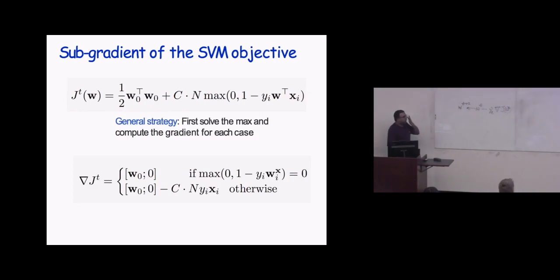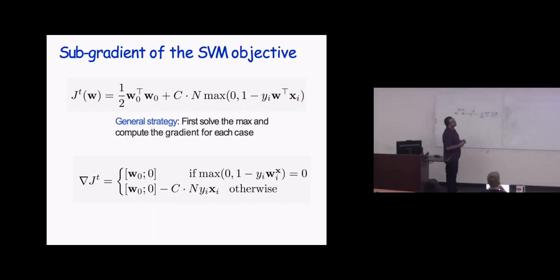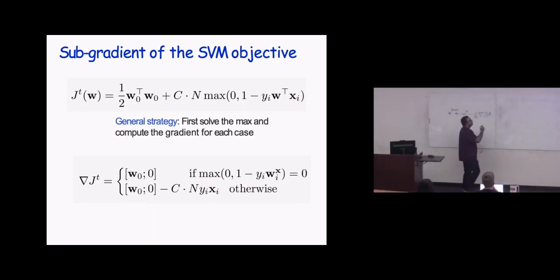So the idea is, if you have J_t of W, there are two different cases. One is when y_i w_t x_i is greater than 1.